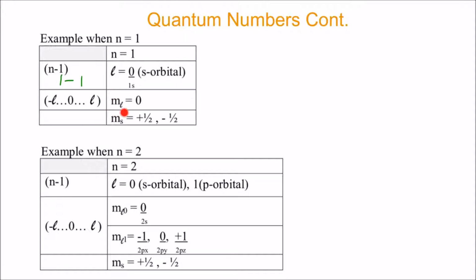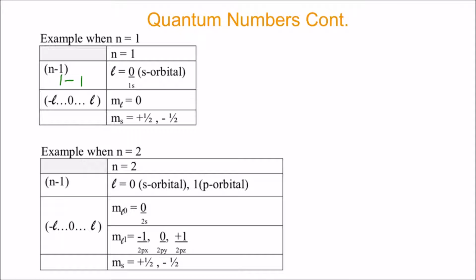Okay, so then what can the values of m sub L be? To get that, it's going to be all whole numbers between negative L and positive L. Well, if L is equal to 0, then that would be negative 0 to positive 0, and since there's no such thing as negative 0, we just have 0. The m sub L value tells us what orientation the orbital is taking.